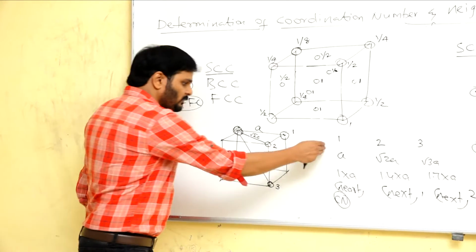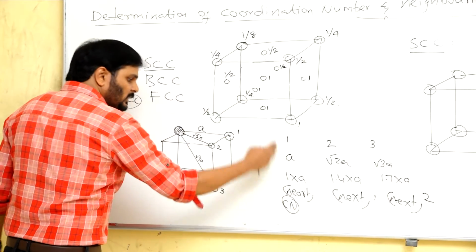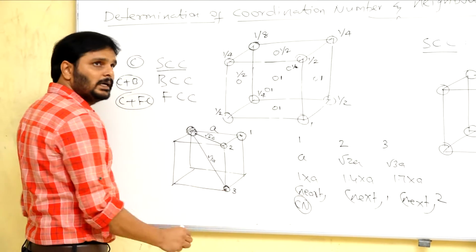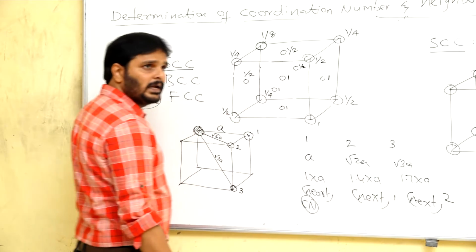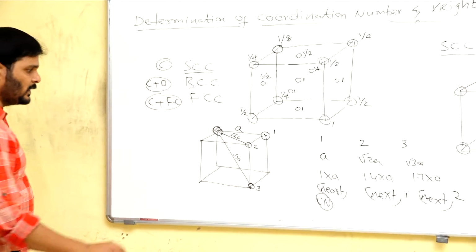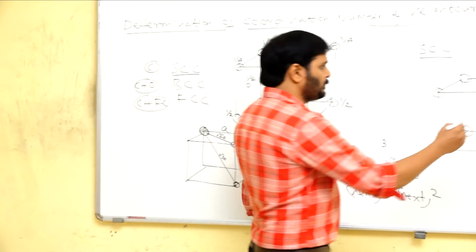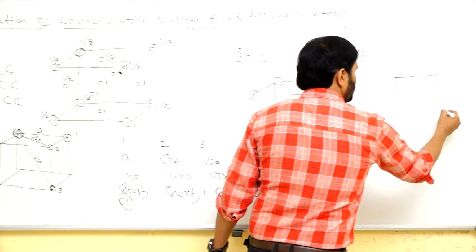Now, the coordination number applies only to the first one; for the rest they are only neighboring atoms. Then how do we find the neighboring atoms? Simple. Again take the simple cube.